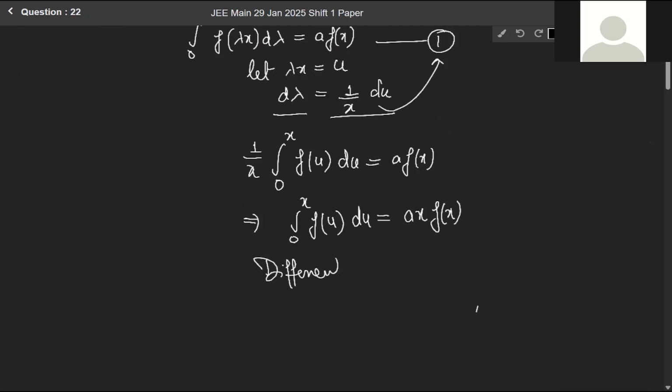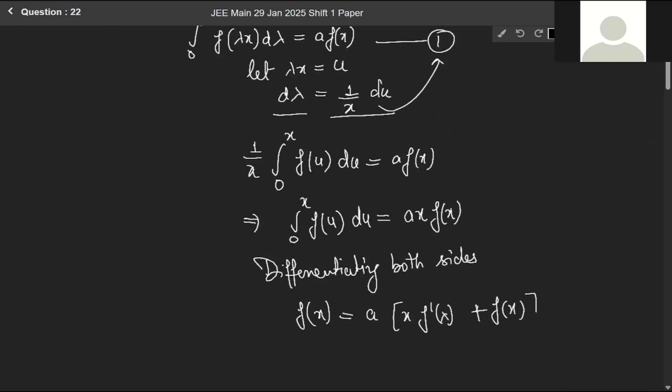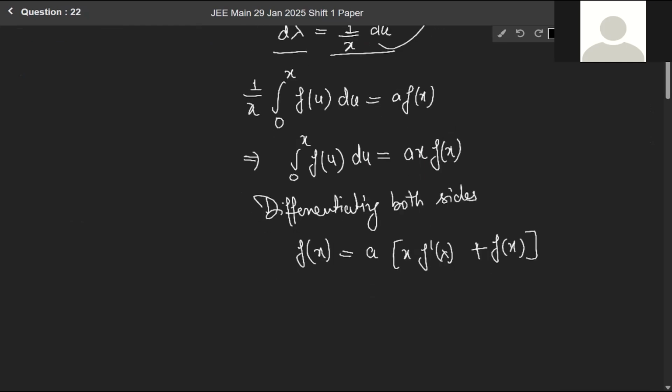Okay. Now differentiating both sides, we get f(x) is equal to a x f dash x plus a f(x).